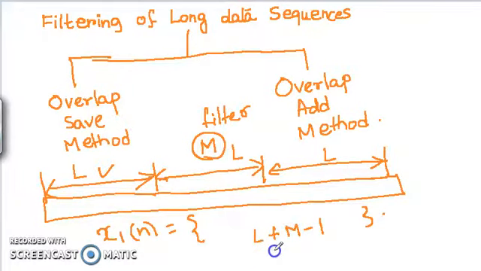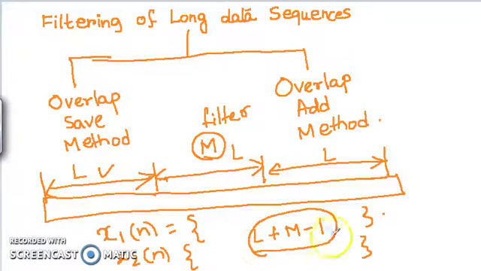Now how this arrangement is performed, it has one syntax in the overlap add method and another syntax in the overlap save method. But the thing is the same. We are going to make an input sequence having a length of L plus M minus 1. With the second segment of data, similarly we are going to form x2(n), and it also has L plus M minus 1 data.